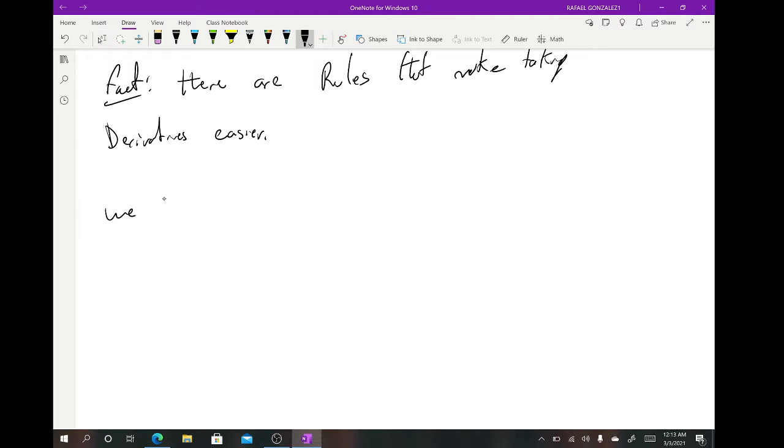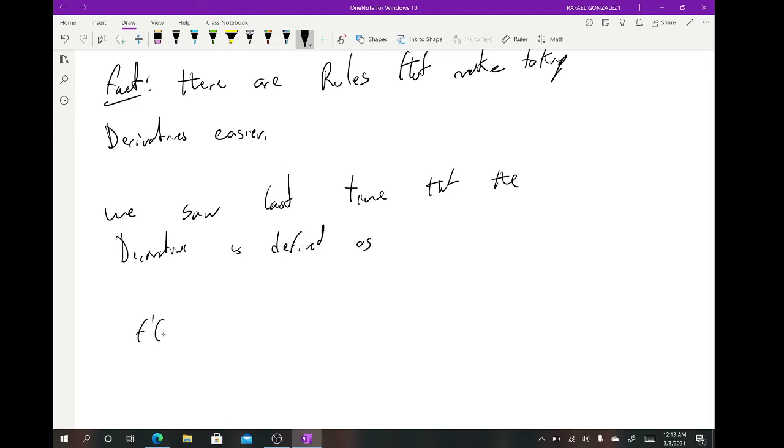We saw last time that the derivative is defined as follows. We define the derivative as f prime of x equals the limit as delta x goes to 0 of f of x plus delta x minus f of x, divided by delta x.